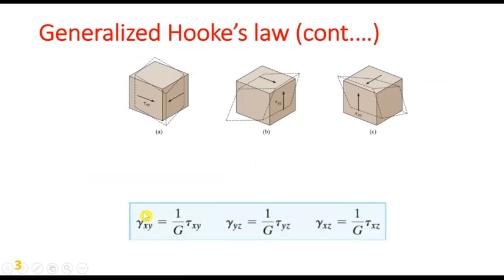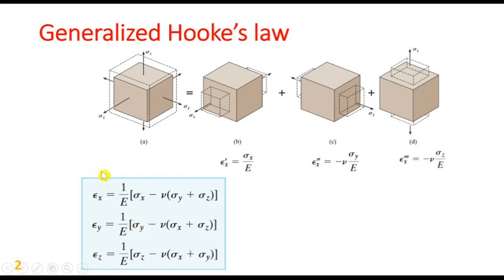For shear strain, the shape will distort like this. Initially it was here; these normal stresses have changed the volume, and this change of volume is called dilatation. We will discuss it later.